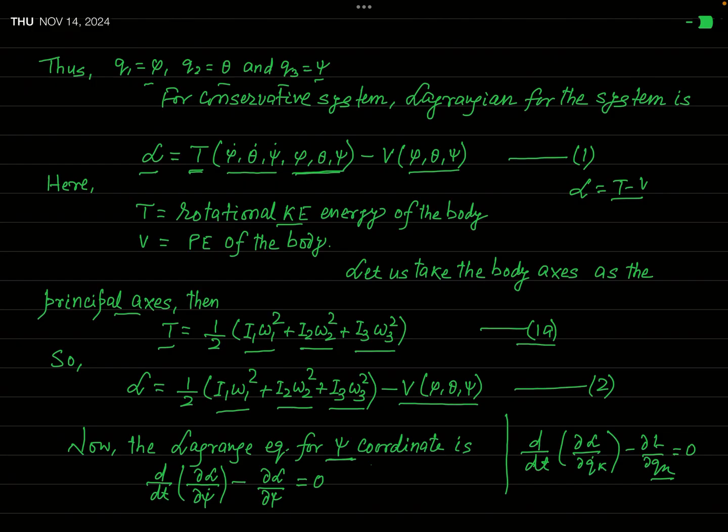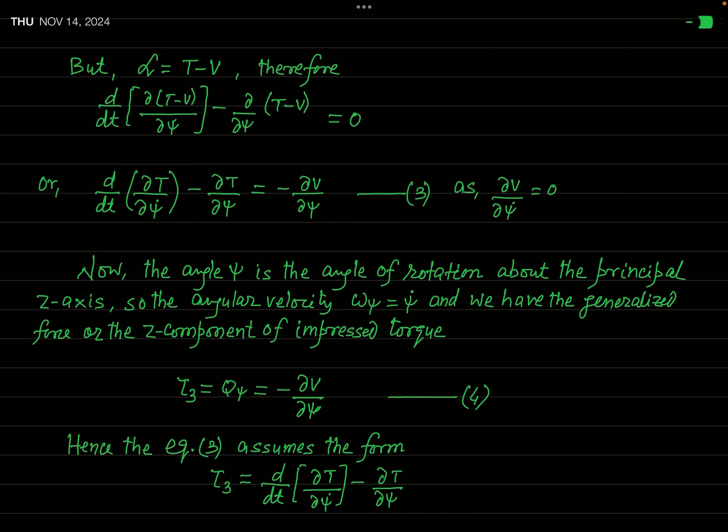In place of qk, we now write psi. So the Lagrange equation for coordinate psi is d/dt (del L by del psi dot) minus del L by del psi equals 0. But L is equal to T minus V, so you can replace L by T minus V in this equation.